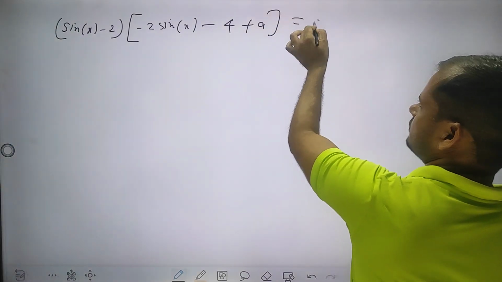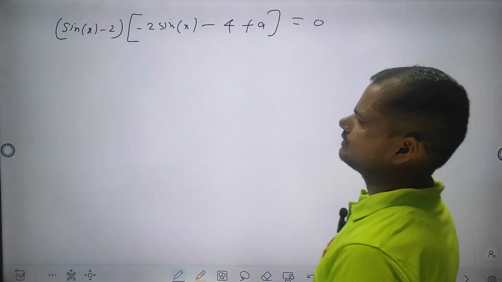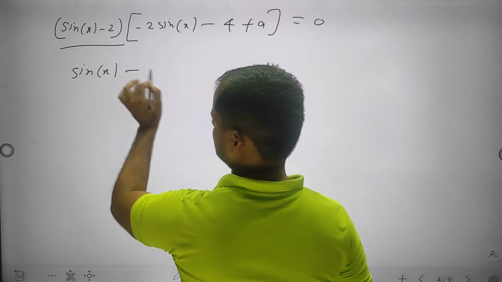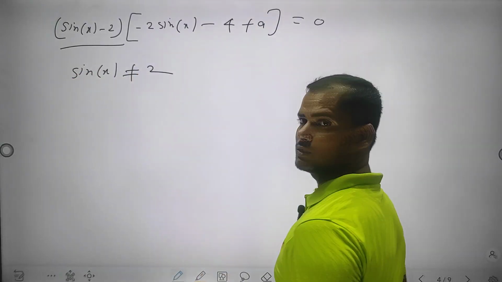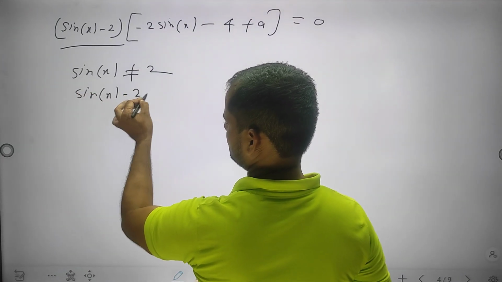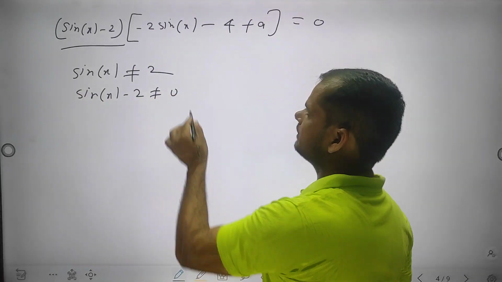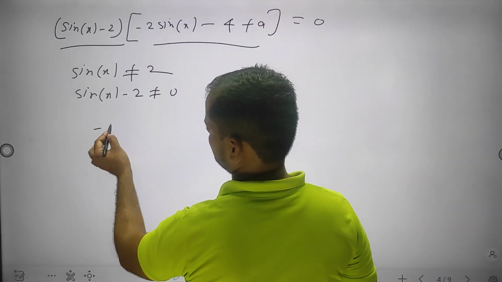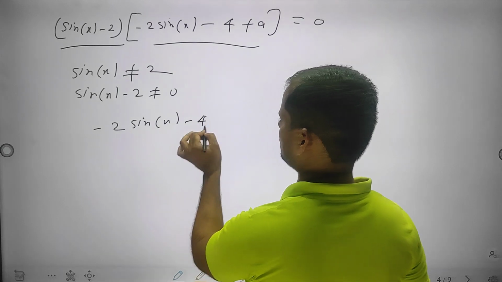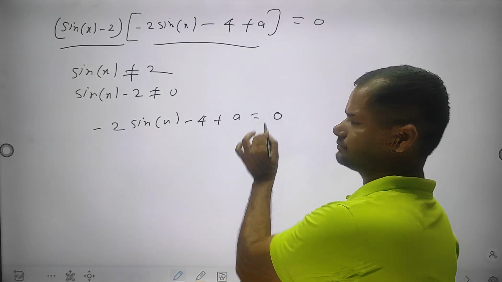Now sin x is not equal to 2, so we can say that sin x minus 2 is not equal to 0. Then minus 2 sin x minus 4 plus a equals 0.